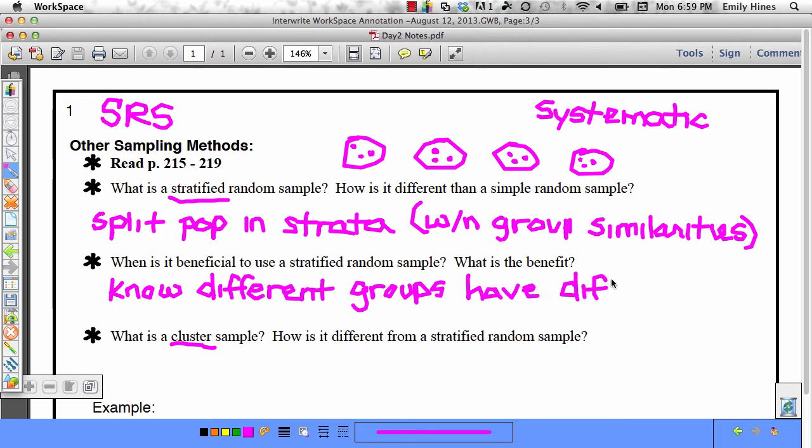These days telephone surveys are not as simple as they used to be because of cell phones. Many people don't have home phones anymore. Some people have cell phones and home phones, and some people only have home phones. A lot of the difference within those groups has to do with age. For example, I only have a cell phone. My mother has both, and my grandmother only has a home phone.